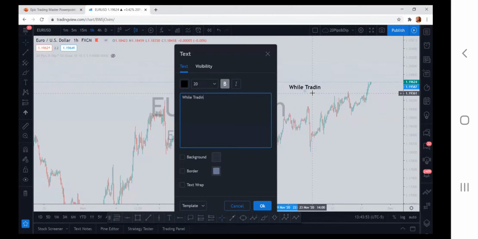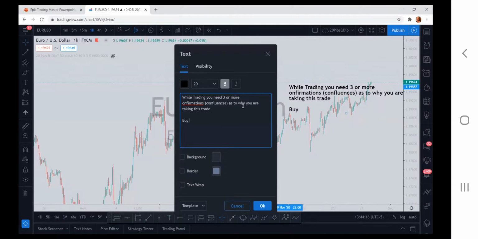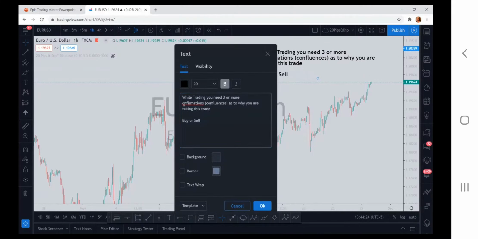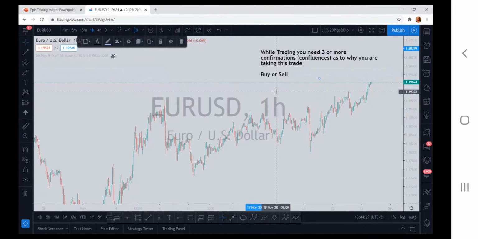So, while trading, you need three or more confirmations, or confluences, as to why you are taking this trade.